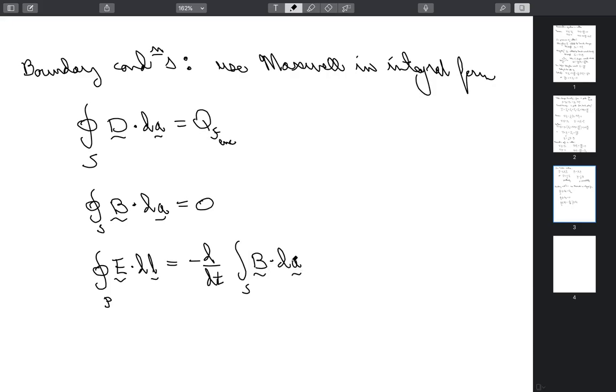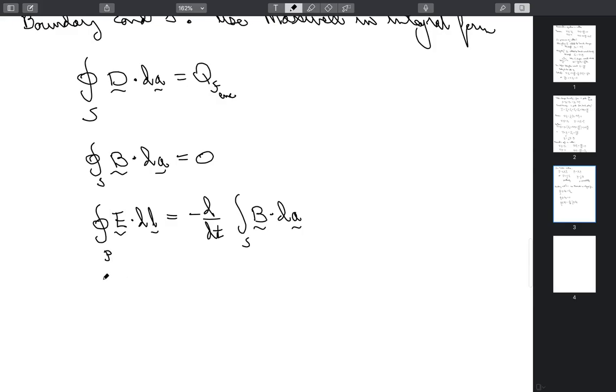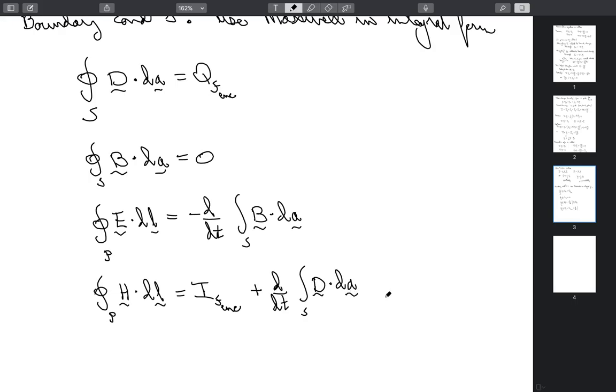And if I take the same thing over a closed path of H dotted into dl, this gives me the total free enclosed current, plus the time derivative of the integral over my surface of D dotted into dA.